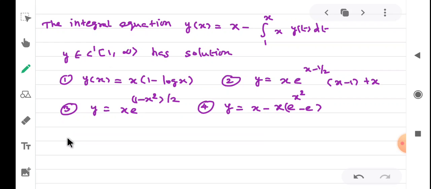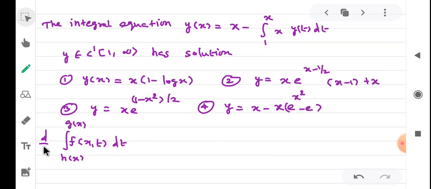Now this is my given integral, y of x is equal to this one. Before solving this integral, we need to know the Leibniz rule for differentiation under the integral sign. Suppose I have a function f of x comma t of two variables, and I integrate this function with respect to t within the limits h of x to g of x, but my aim is to differentiate this integral.